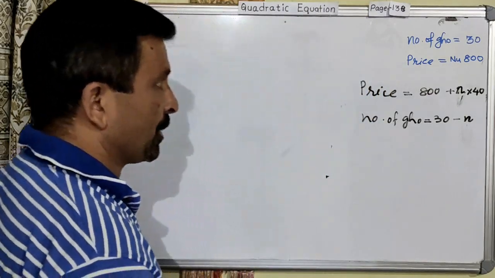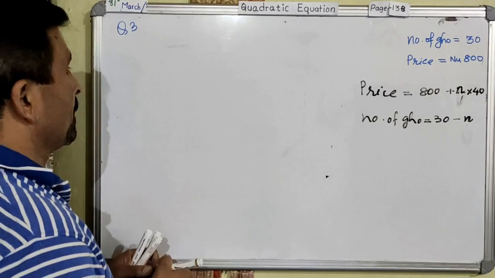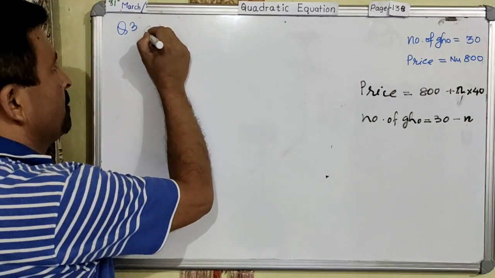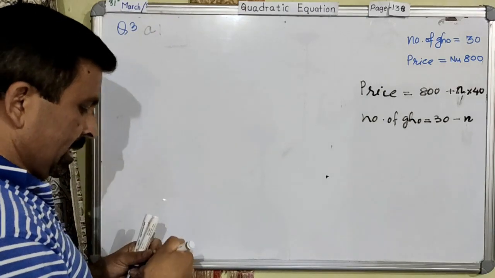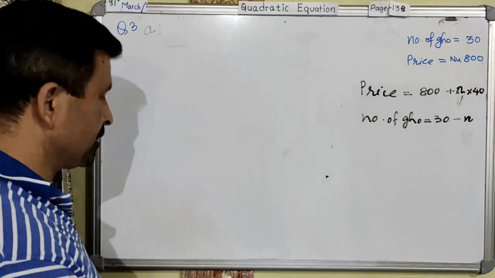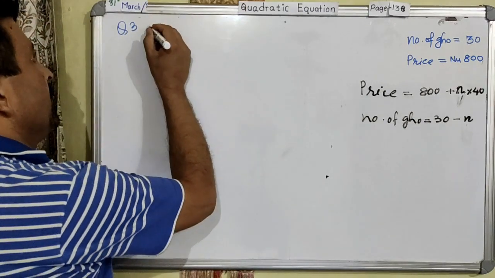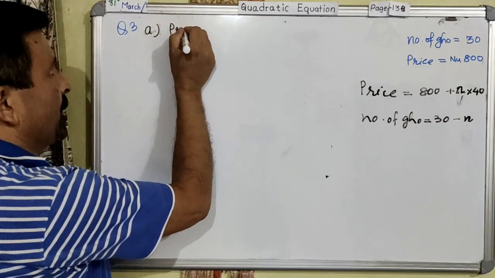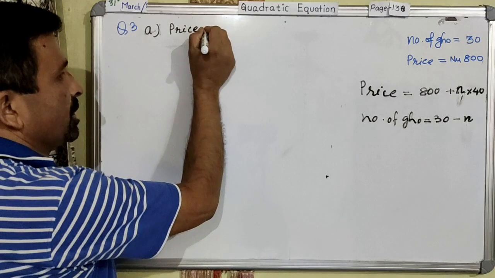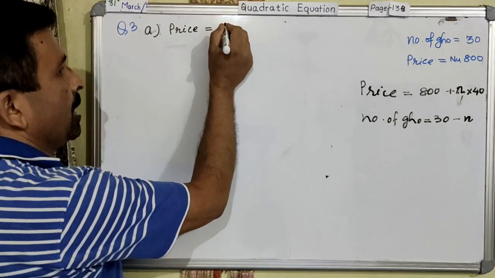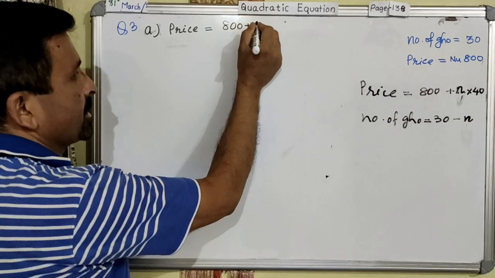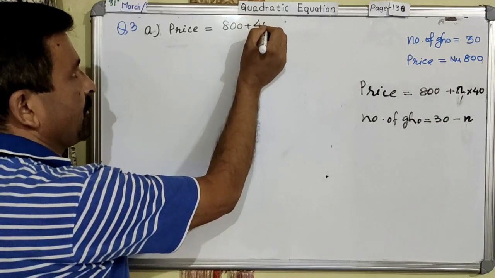So the new price, this is your part A, will become 800 plus n times 40, that is, we will write this as 40n.